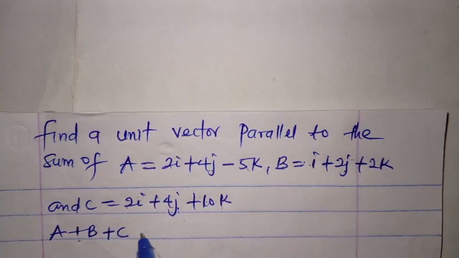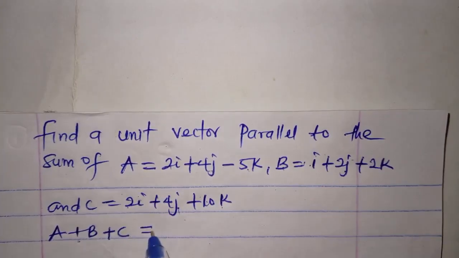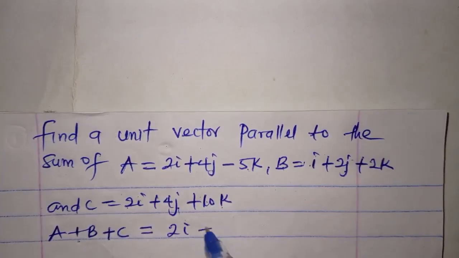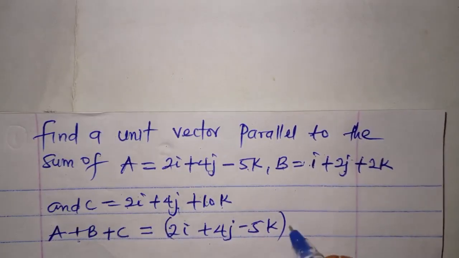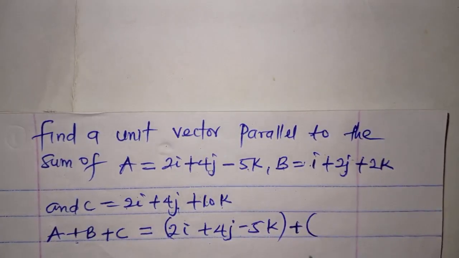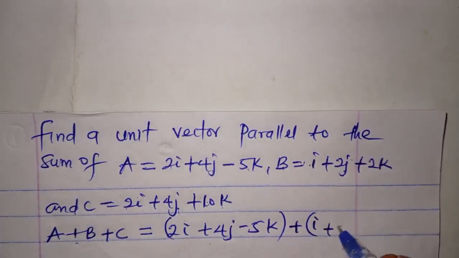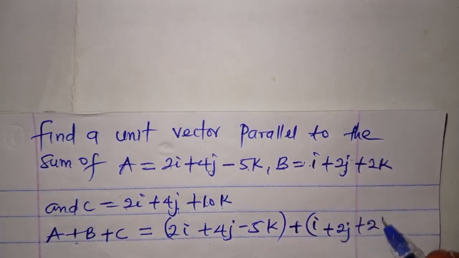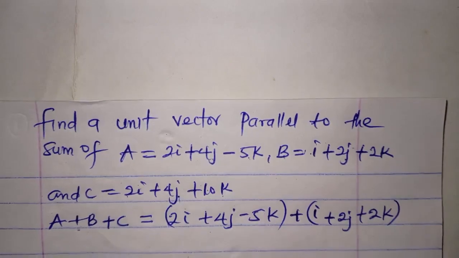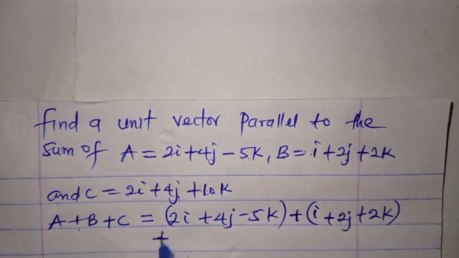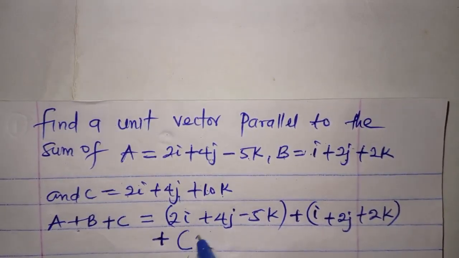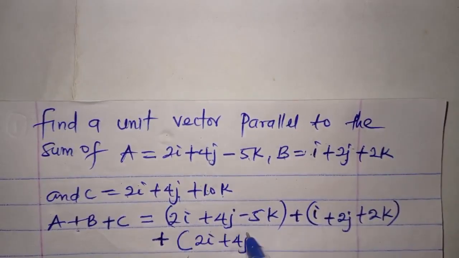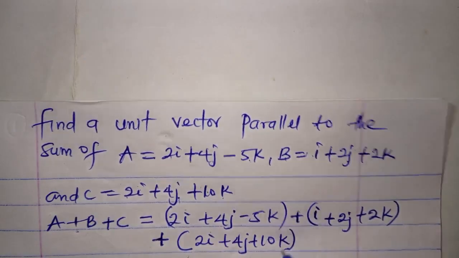What is it equal to? A is 2i plus 4j minus 5k, plus B is i plus 2j plus 2k, plus vector C, 2i plus 4j plus 10k.